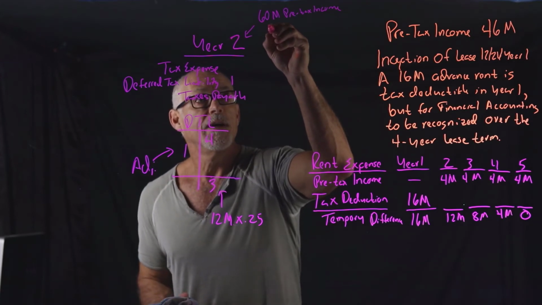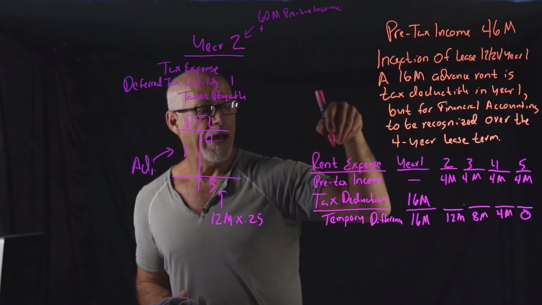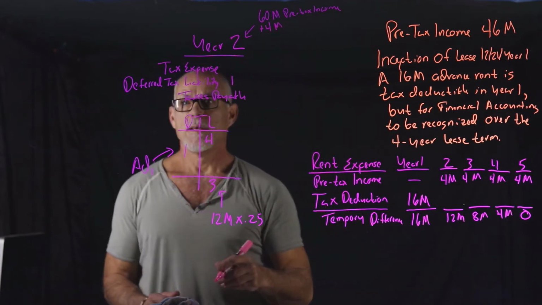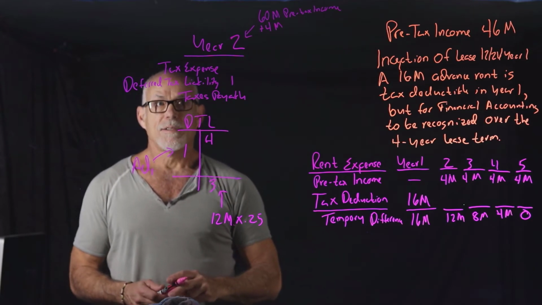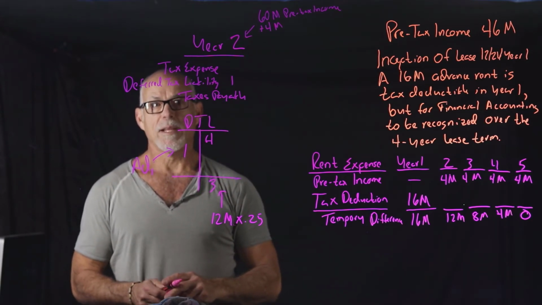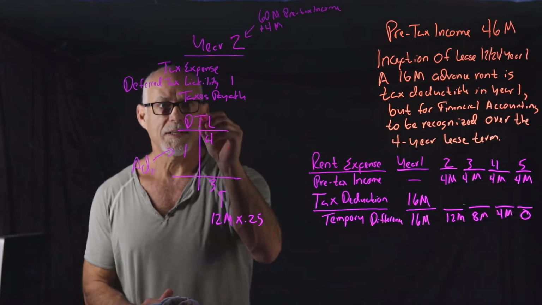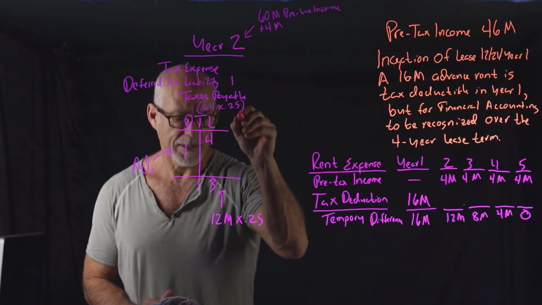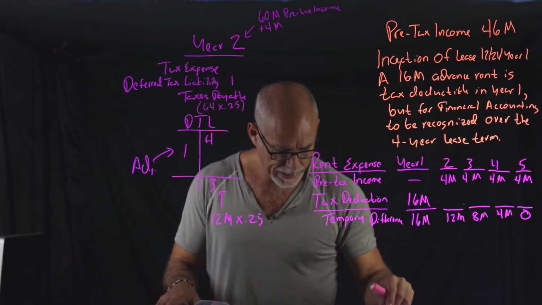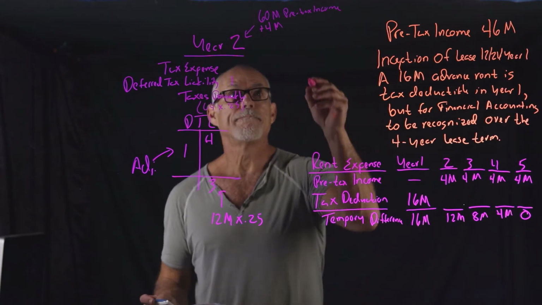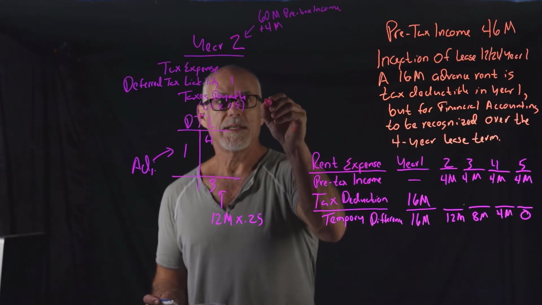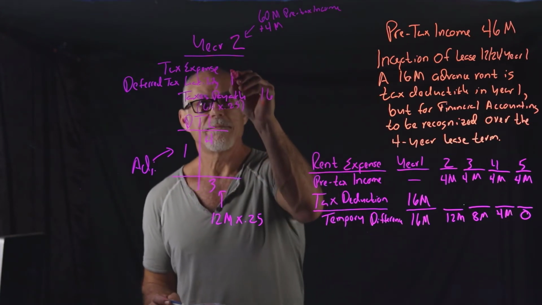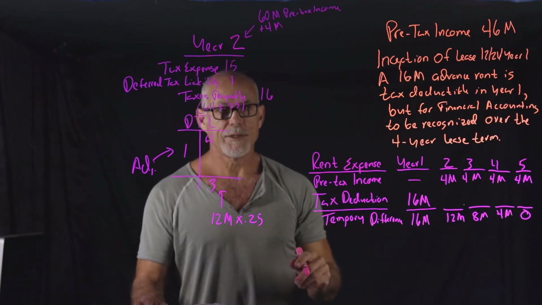And so I need to add that 4 that I amortized down there to give me taxable income. And so taxable income is going to be 64, and times 0.25 gives me taxes payable, and the rest is kind of going to be easy, which is 16. So this is 16, which then makes tax expense 15 in year 2.